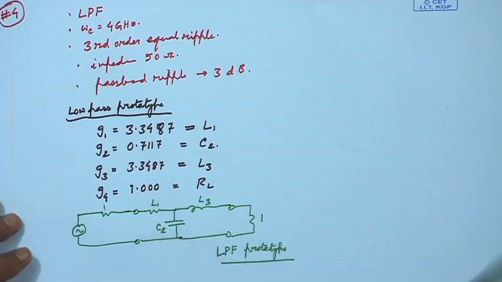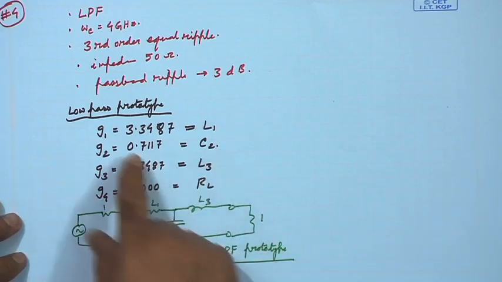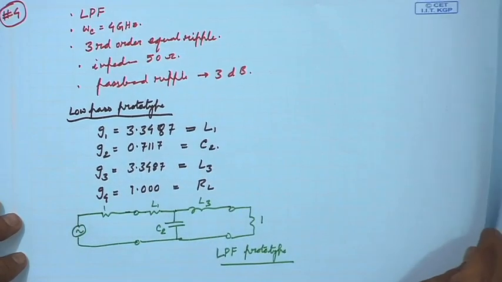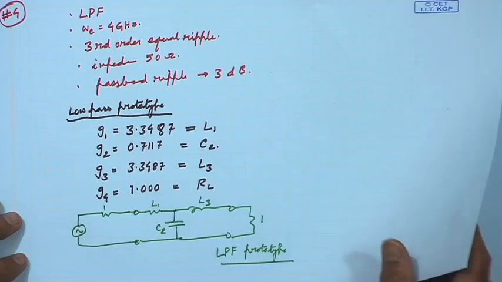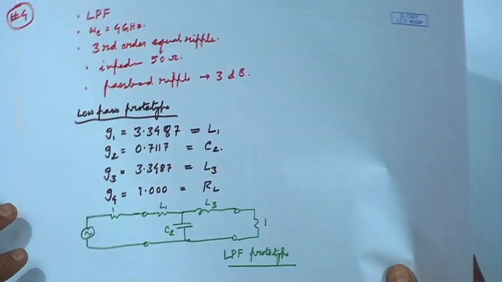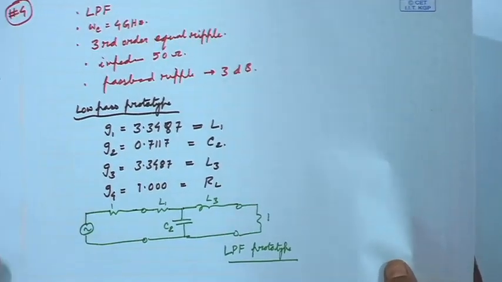Now, from this, these are all lumped elements. I know the values, but I need to do the Richards transformation. So, I need to put in those Richards transformation values. If you do that, then the Richards transformation will look like this.